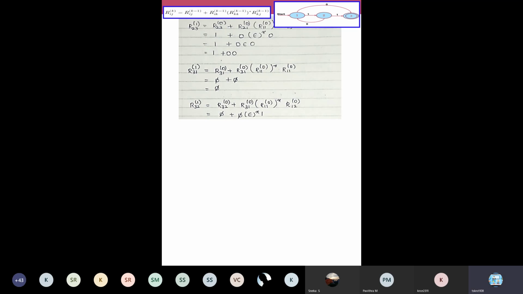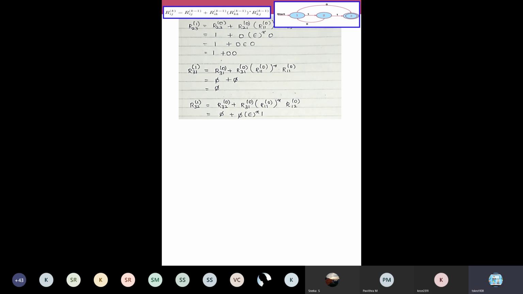So when you substitute the values, you get null plus null followed by epsilon star and then 1 for R12 of 0. Okay, refer to your notebook. You must write by looking at what you have for k is equal to 0. Don't write directly from the slide. You have k is equal to 0 in your notes. See those values, write, and then cross check from the slide.